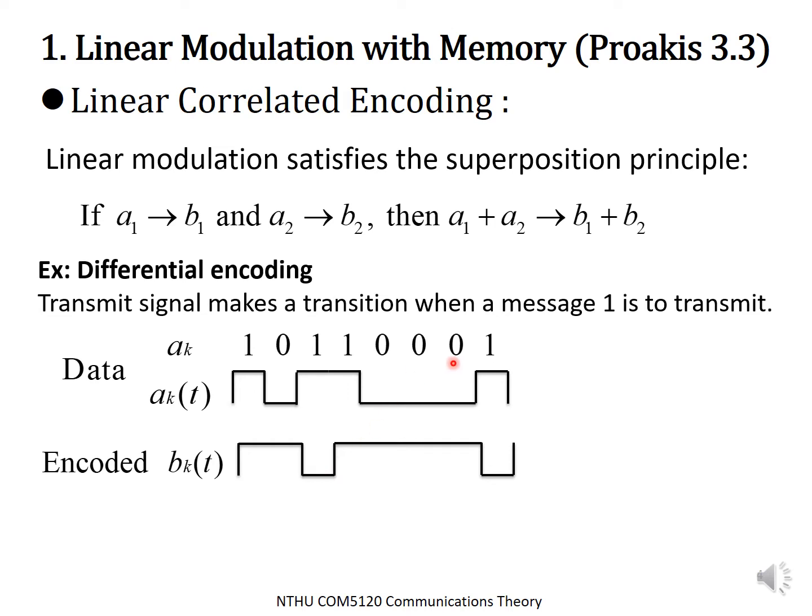And 0, 0, 0, so there's no transition. And there's another 1, so BK makes another transition. So whenever there's a 1, the differential encoding makes a transition. That's the rule of differential encoding.